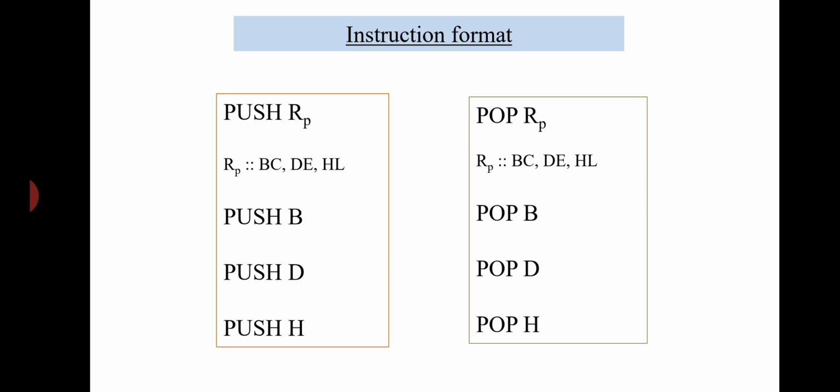This RP is a register pair which we have studied during the 8085 architecture. The three register pairs in this microprocessor are BC, DE and HL. While writing these instructions, we have to mention the first name of the register pair, like it's written here: push B, push D, push H, and likewise the pop instructions are written.